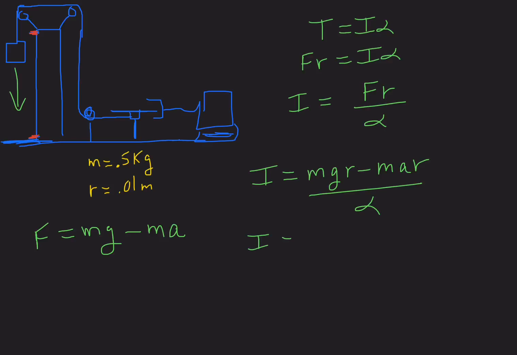Now this next thing is a little confusing also. Right here on the top, we have a linear acceleration. That's the acceleration of this mass falling down. How does that correlate to the angular acceleration of this? They're attached by a string, so the linear acceleration of this correlates to the angular acceleration of this.